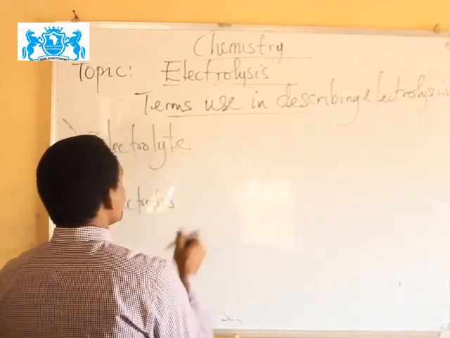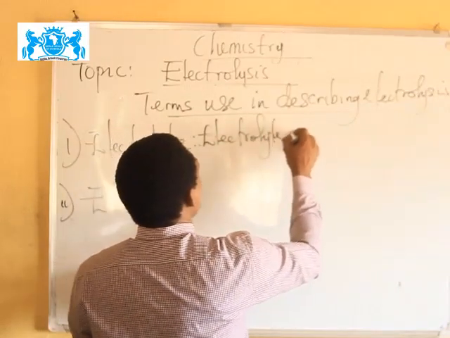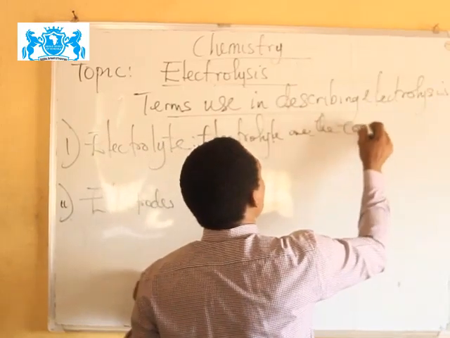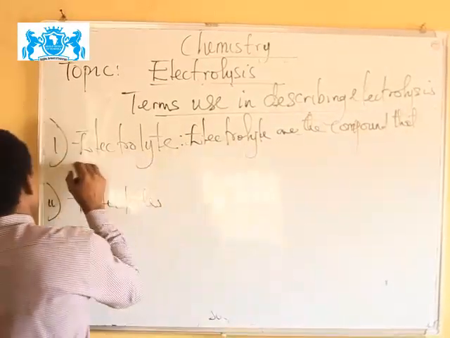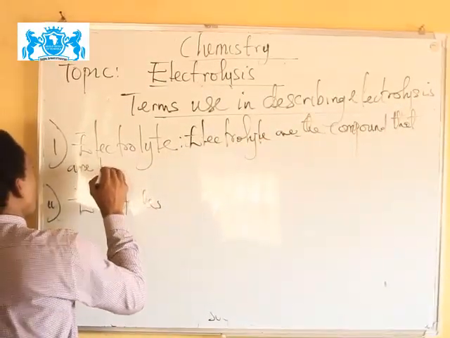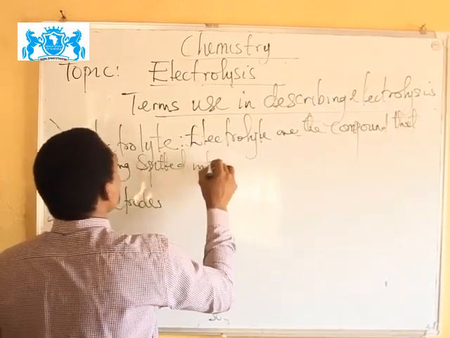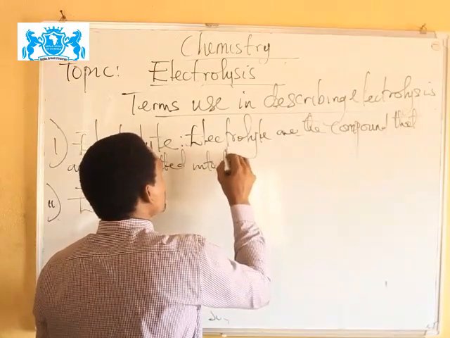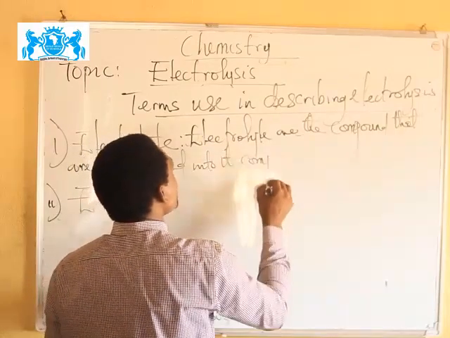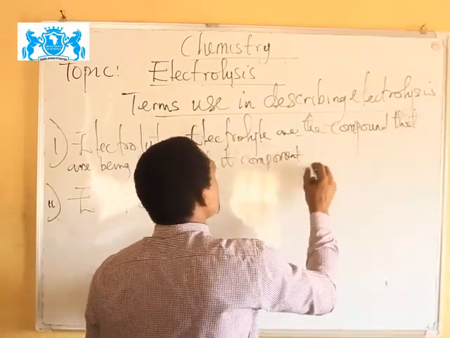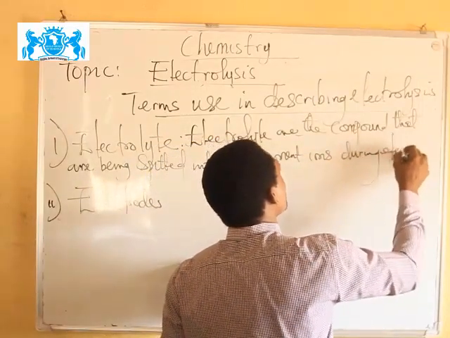So electrolytes, like we say, are the compounds that are being split into their component ions during electrolysis.